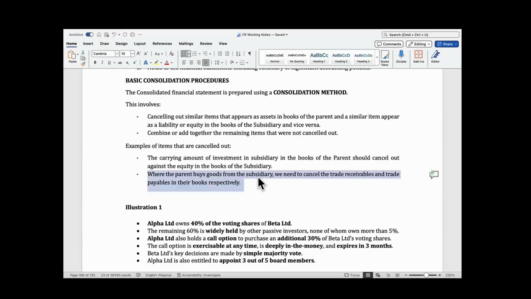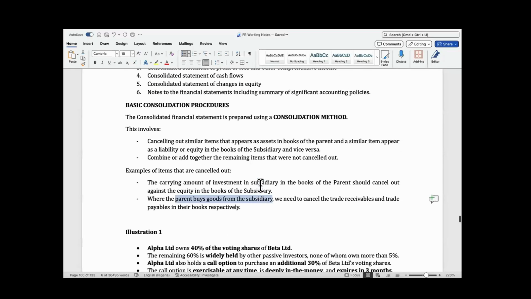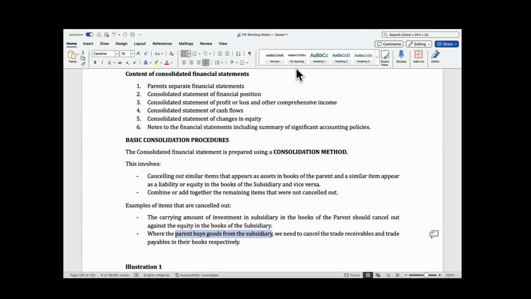Not just trade receivables and payables, any other items that can arise from them transacting with one another. So when they transact with one another and it's leaving outstanding balances, maybe one is owing another, cancel them out. That's all we want to do. That is all we want to do.